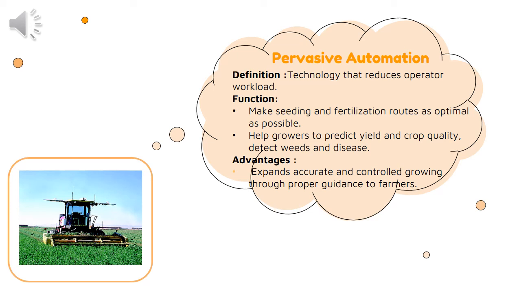Machine learning can help growers to predict yields and crop quality, and detect weeds and disease. Unlike humans, machines can make use of seemingly meaningless data and interconnections to reveal new information concerning the overall quality of the crops.